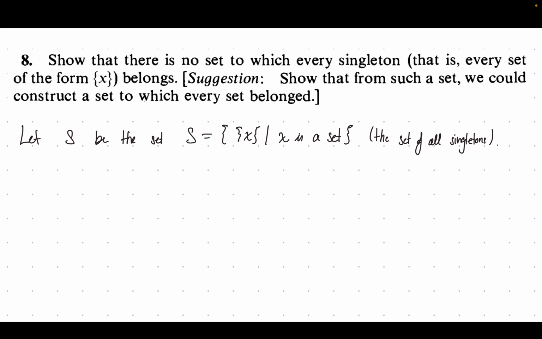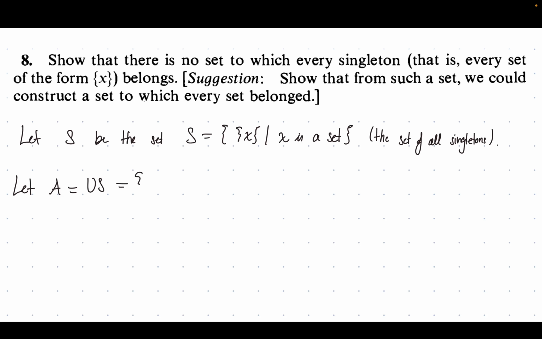Right? Okay, so just off the bat, you can't really see a contradiction, but we're going to use one of the operations we learned in this chapter, namely the union of S, to construct a new set. Now we're going to say let A equal the union of S.